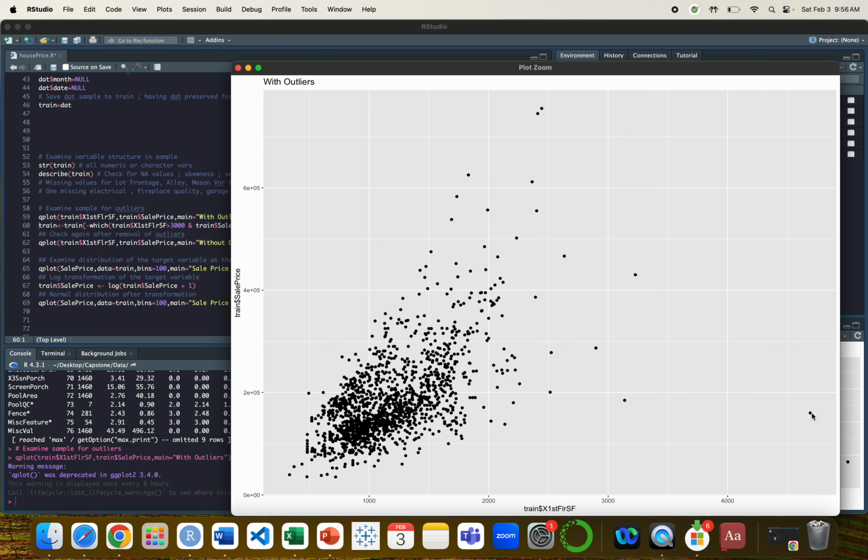Looks like there's a lot of square foot in this house, but it's a very low house. Potentially it is under construction. It's not finished. It might not be inhabitable. There are many different factors for this. It's probably not a good representation of the population, right? That's why it's an outlier by definition. So we definitely want to remove this, and we might want to remove one of these variables.